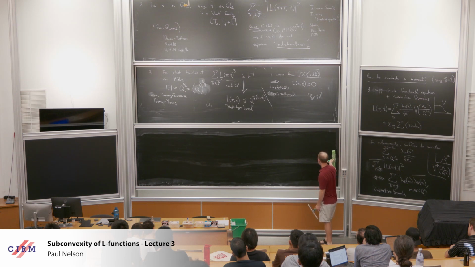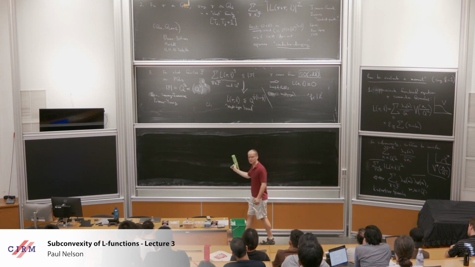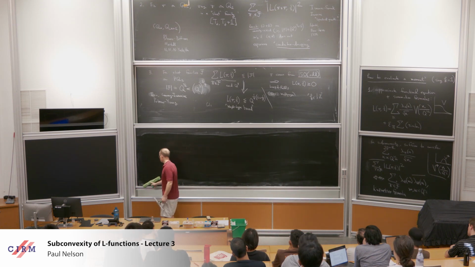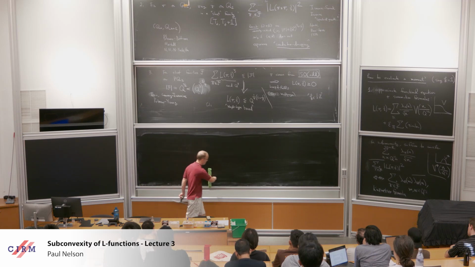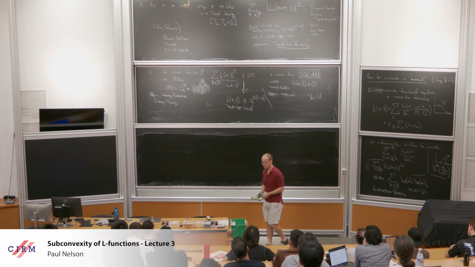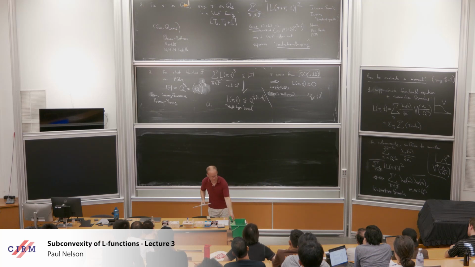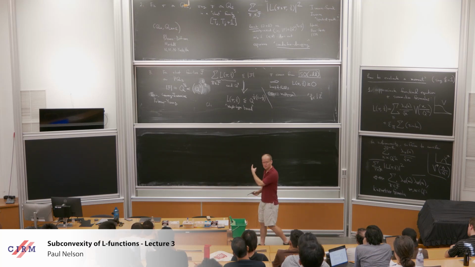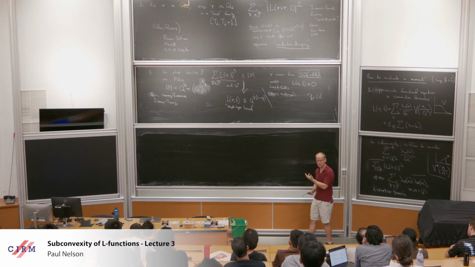Among the Moss forms, there are in particular the Eisenstein series. So you get the Eisenstein series with parameter t between capital T and capital T plus 1. And when pi is one of those Eisenstein series, this cubed L function is just the 6th power of the Riemann zeta function.